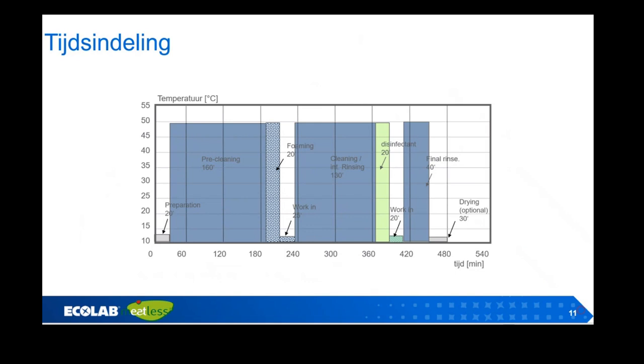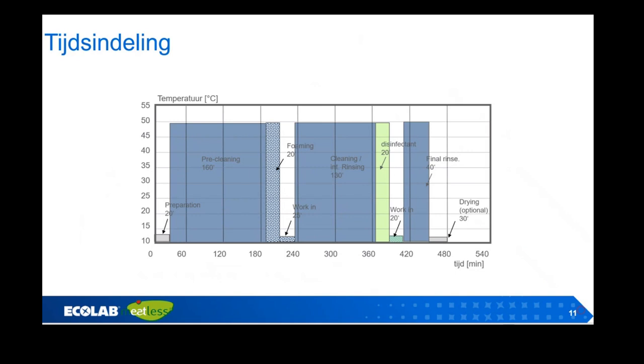So you begin with preparation. I already told you, remove everything you don't want to clean. Then you have the pre-cleaning. So you pre-rinse everything to remove 80% of the dirt.